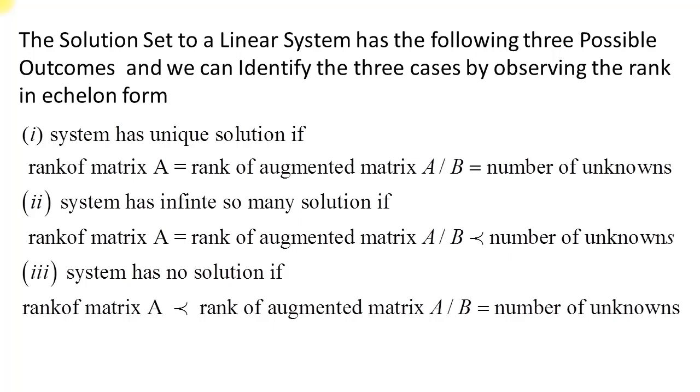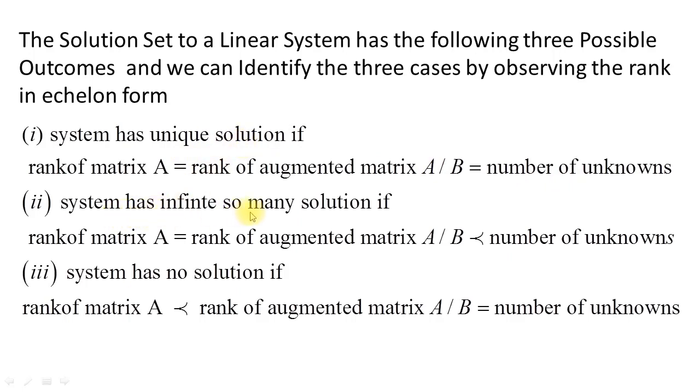When we reduce the augmented matrix into echelon form, then check the rank of matrix A in that echelon form and the rank of the augmented matrix in that echelon form. If the rank of matrix A is equal to the rank of augmented matrix and is equal to the number of unknown variables of the system of equations, then the system has unique solution.